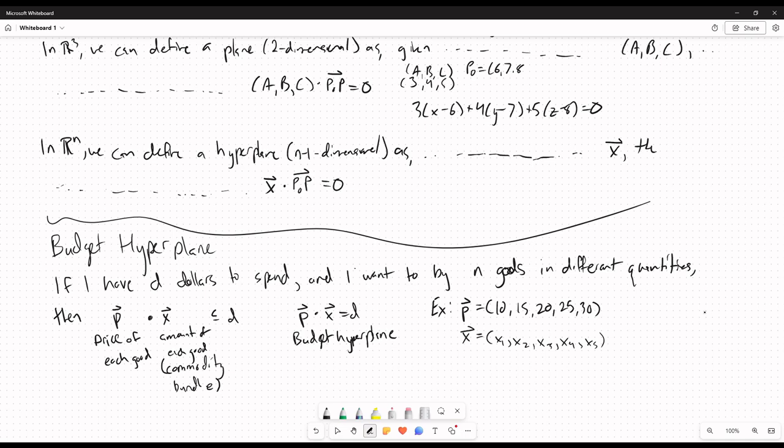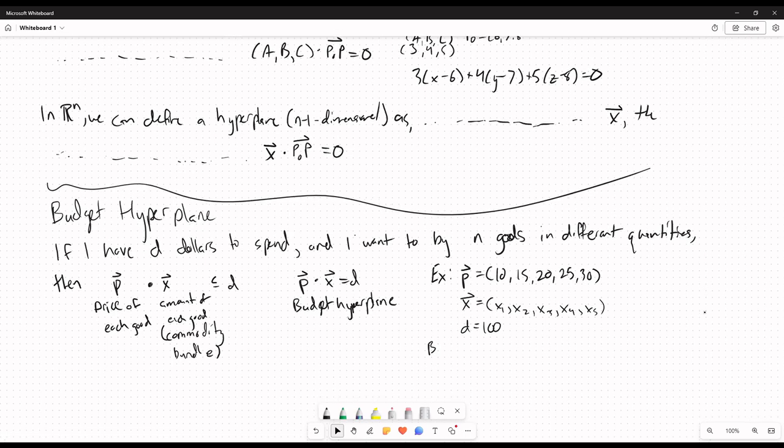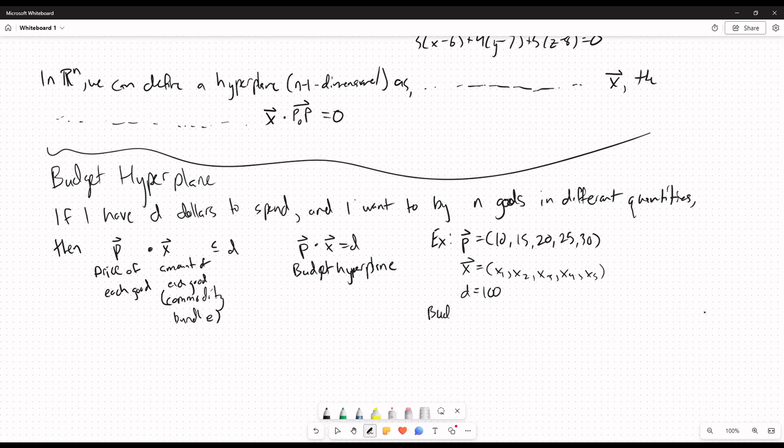Then my budget hyperplane, if I have $100, is 10, 15, 20, 25, 30 dotted with x1, x2, x3, x4, x5, where that dot product equals 100.